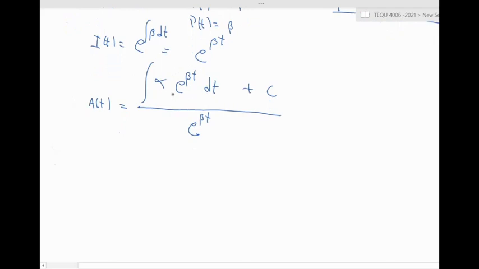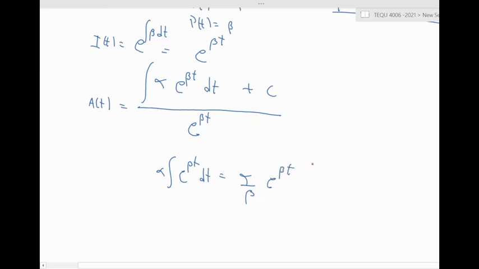Right. So alpha is a constant. Let's work on that integration only. I have an integration that is e to the beta t dt, times alpha. Now for e to the beta t, beta will come out as here, for completing the integration, and e to the beta t.